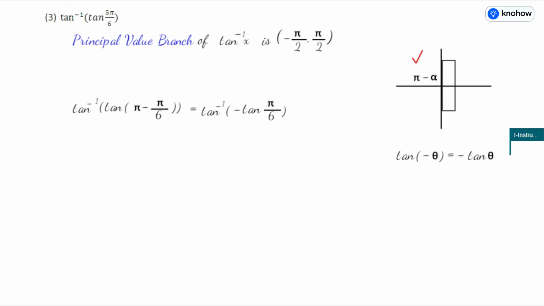And our angle could be in the fourth quadrant. So this minus tan pi by 6 should be rewritten as tan of minus pi by 6. Then it will work, because minus pi by 6 lies within the interval, that is the principal value branch. So finally, tan inverse of tan theta is theta, and it will be minus pi by 6.